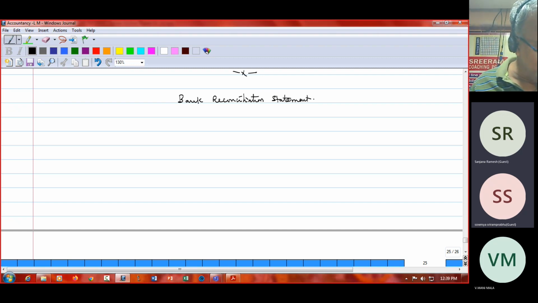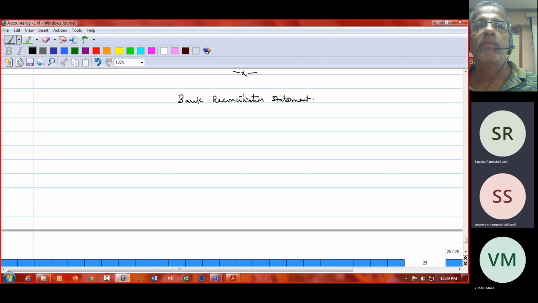Bank reconciliation statement. What do you mean by bank reconciliation statement? Why it is to be prepared? I would like to hear from Aravind.